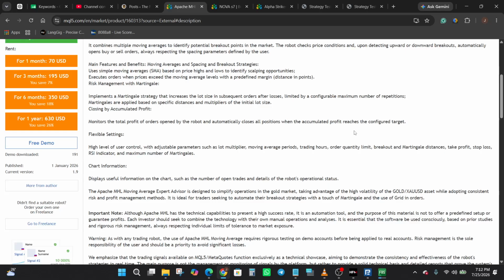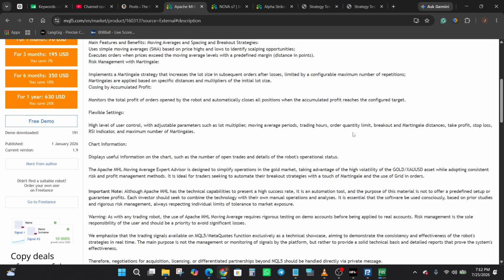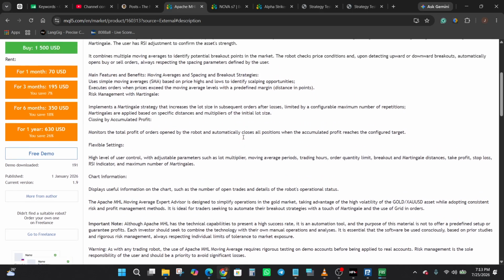The developer describes this directly as a system built for traders looking to automate breakout strategies with, in their words, a touch of martingale and the use of grid in orders. So this is explicitly not a martingale free or grid free system, and that is worth keeping in mind going in.